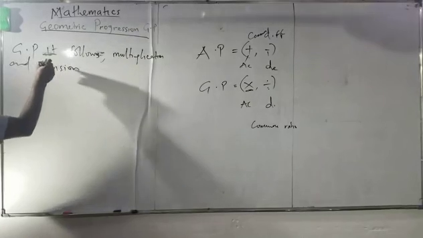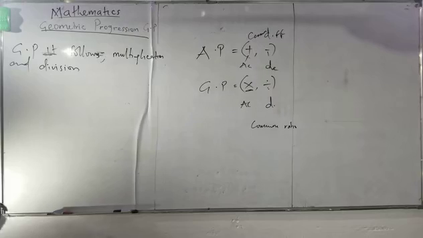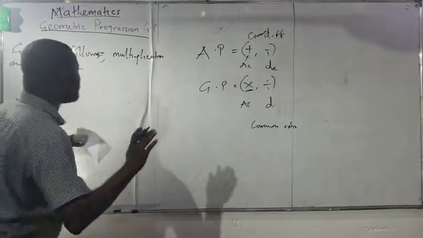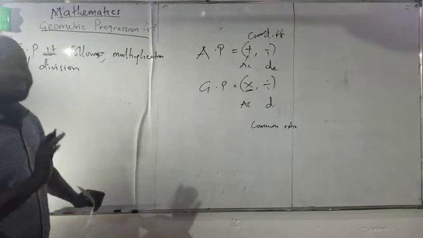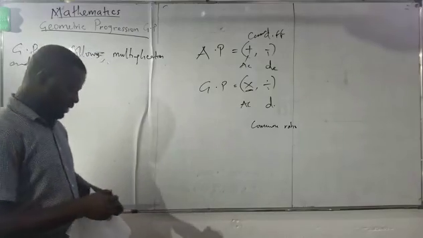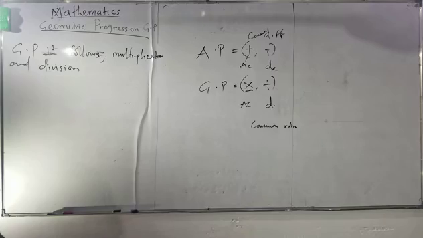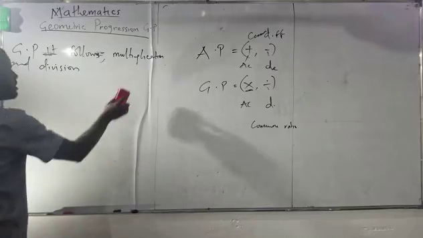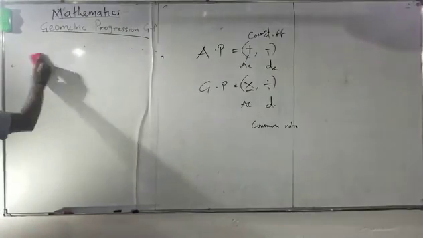What I want you to know is that multiplication ascends, while division descends. Look at how it is being done. Look at the pattern of it.